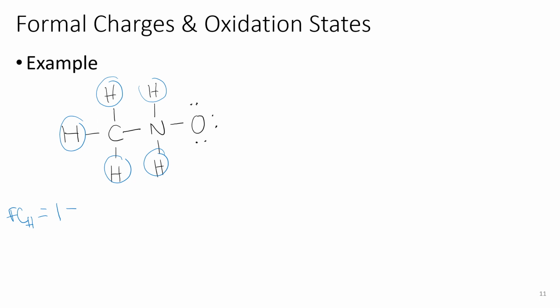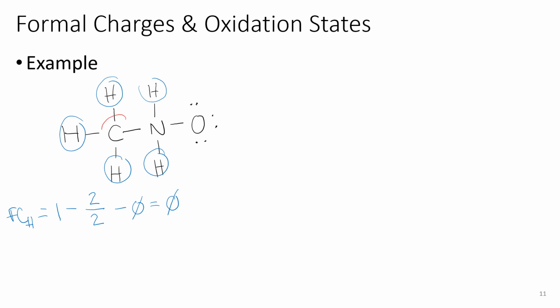It has 2 bonding electrons because it has 1 bond associated with it, which I'm going to divide by 2, and it has 0 lone pairs. So if I do my calculation, each one of those hydrogens has a formal charge of 0. Again, it's the number of valence electrons minus 1/2 the number of bonding electrons minus the number of lone pair electrons. So for hydrogen, it is equal to 0.